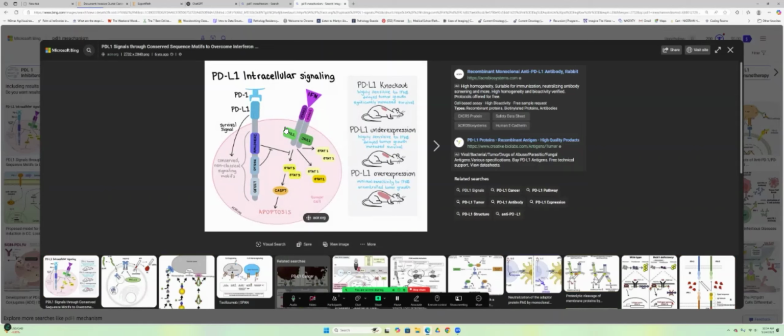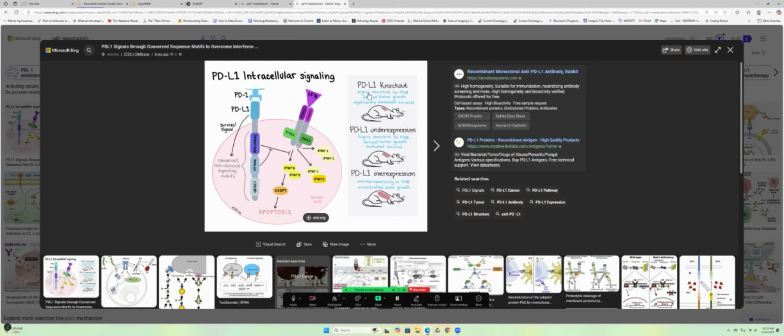In the tumor cell. PD1 is found, I think, in the lymphocytes. When PD-L1 binds to those lymphocytes, they stimulate apoptosis or something.